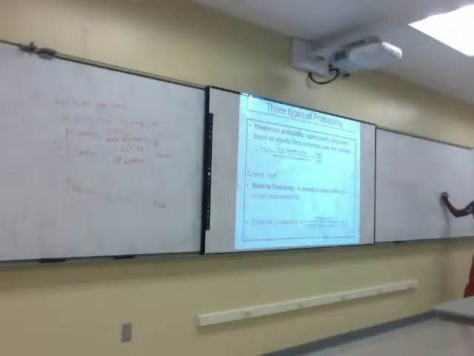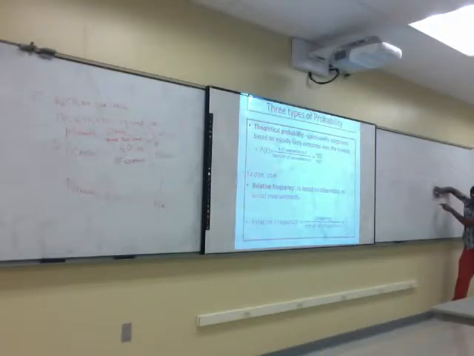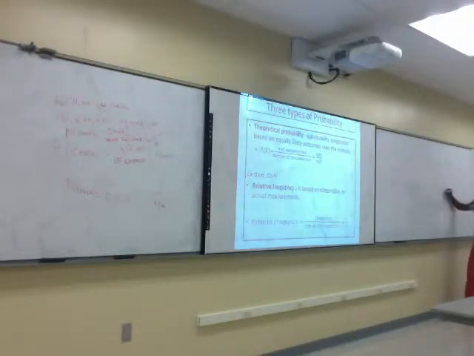Think about it. If in the first trial you have a boy, the next one you can have either a boy or a girl, because they're independent. Or if you have a girl on the first, then you can have either a boy or a girl. Is that clear? The outcome of this does not influence what this will do. So this is our second process, or the second child.